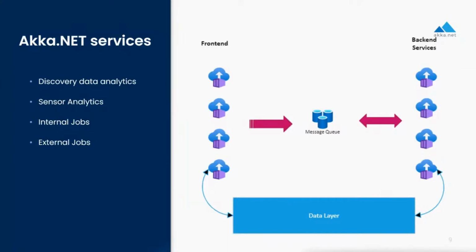A lot of internal jobs happen from batch operations, be it just something as simple as mark these assets as retired, or delete these assets, or etc., to external jobs where you have long-running operations that synchronize to ServiceNow, for example.